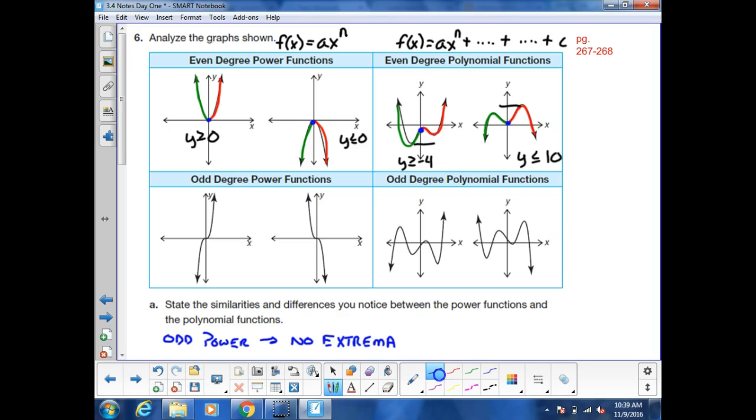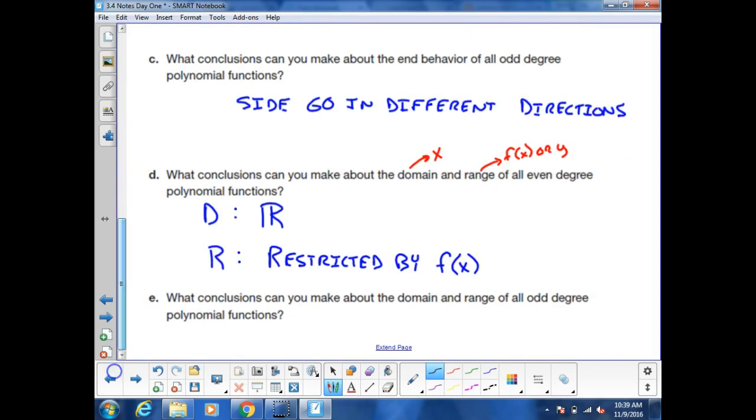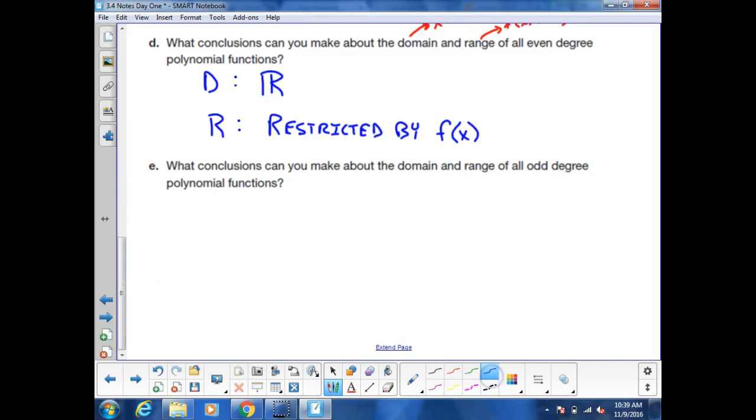So the range is all real numbers again. So for an odd function, the domain is all real numbers, and the range is also all real numbers because one side goes shooting up, one side goes shooting down. So we'll hit every y value out there.